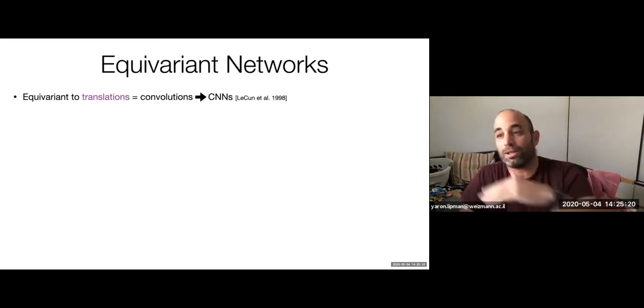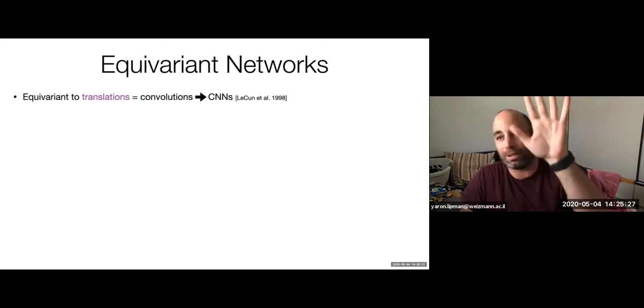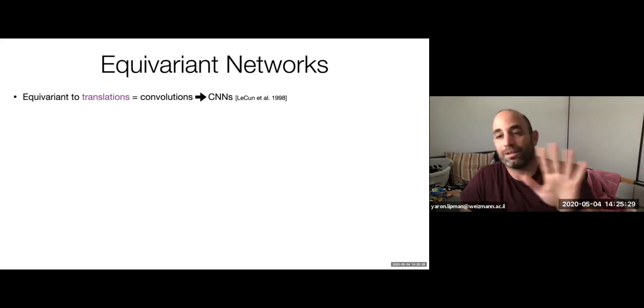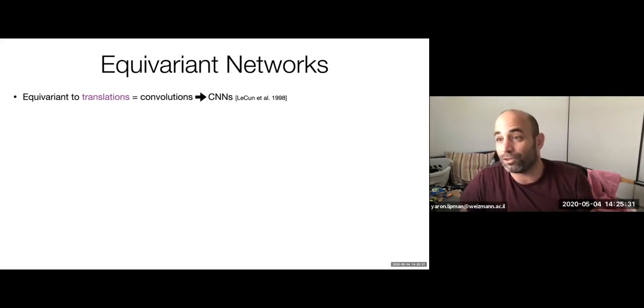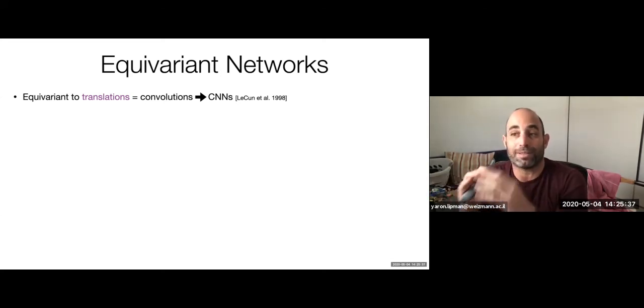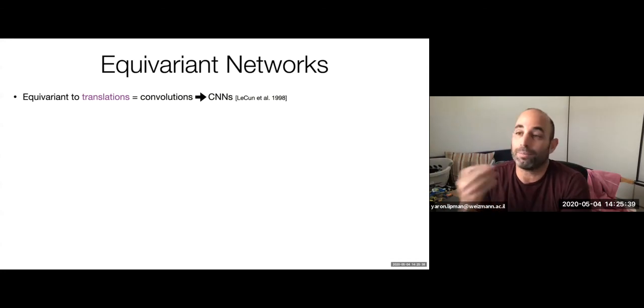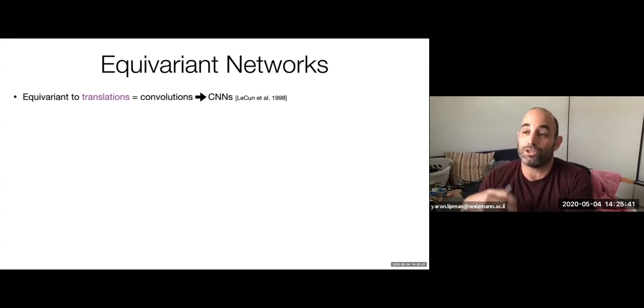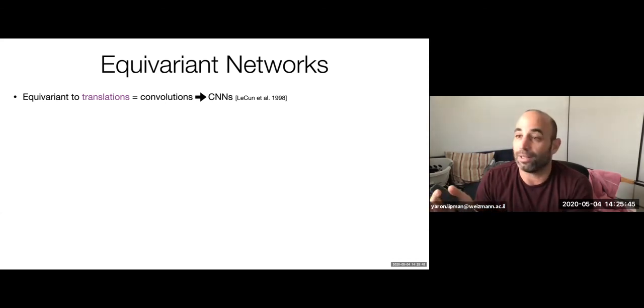Think about an image, just to make things mathematically clean, think about a flat torus, like a periodic image, and you have translations. So this is a group of transformations. It also does something to the input, and we can think that all these translations basically represent the same object, the same image. And now if you think about all the linear transformations which are equivariant to this transformation, then you would get the set of convolutions.